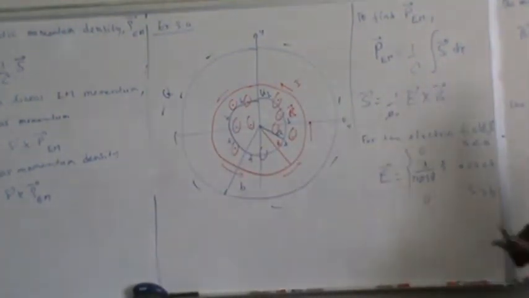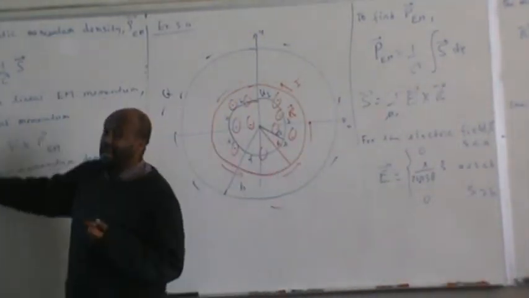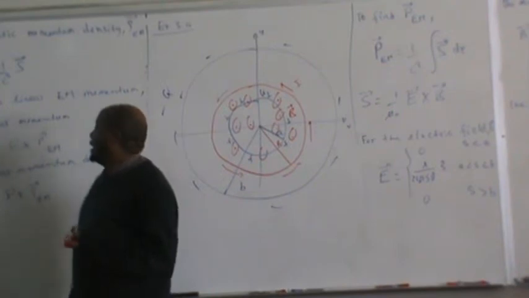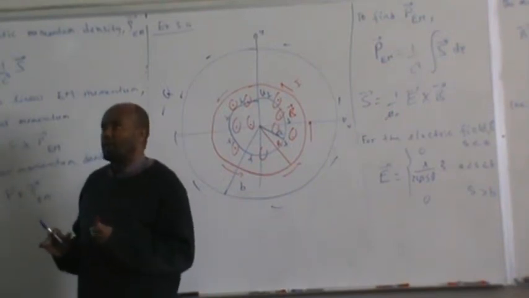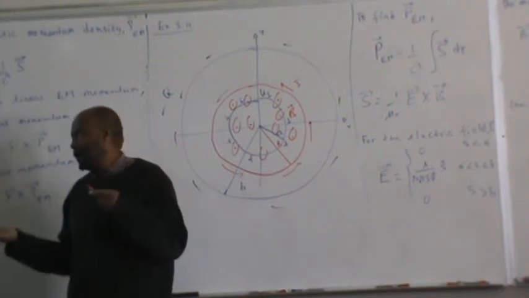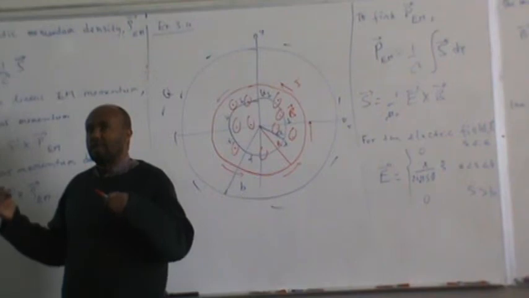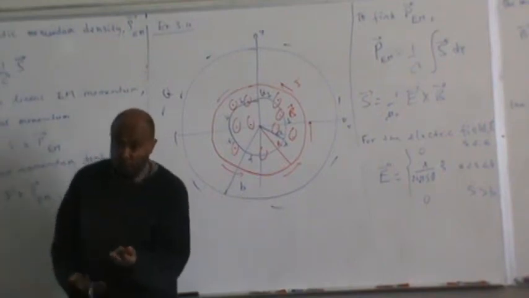So without applying the Poynting vector to find the linear momentum and then using that to find the angular momentum, let's just think about torque in general, whether it is a mechanical force or electrical force. It's a result of some application of force, right?